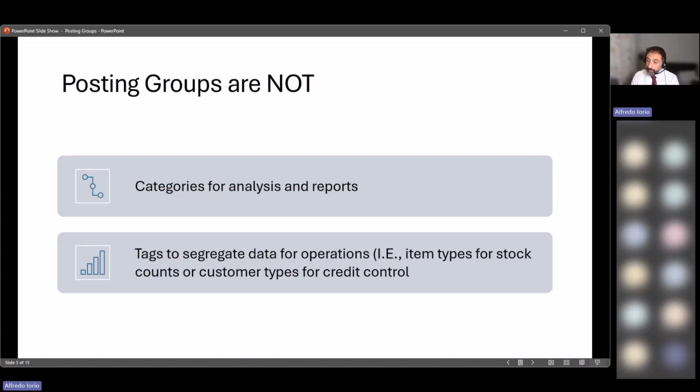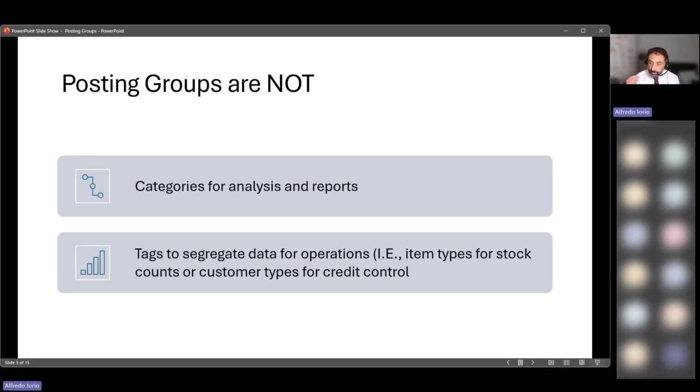We have item posting groups, inventory posting groups, retail, resale, raw material, and some users working in supply chain management, warehouse managers, say, oh, right, a posting group, retail, finished goods, raw material. Well, I can use posting groups so that I can run my stock count or inventory valuation report looking at the inventory posting group. That doesn't work, right?